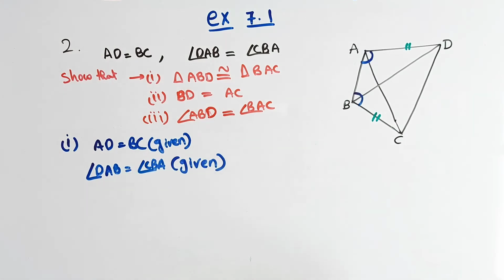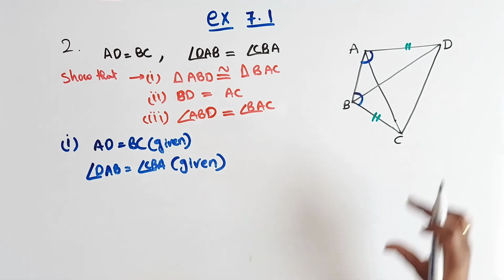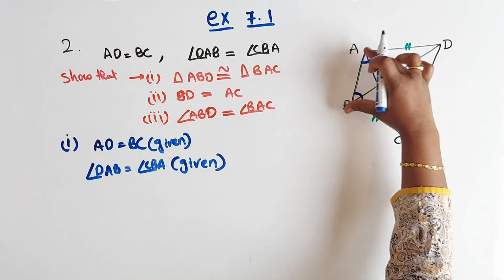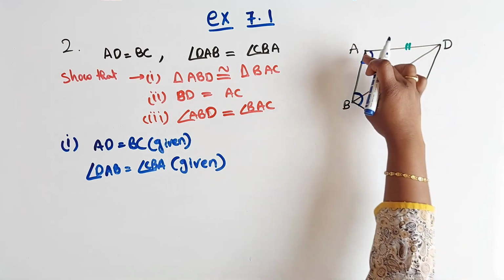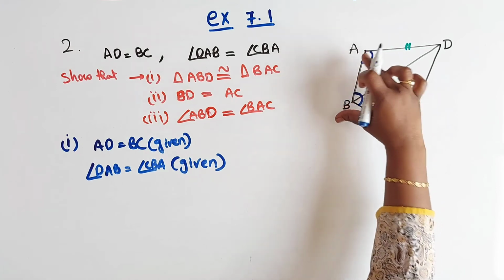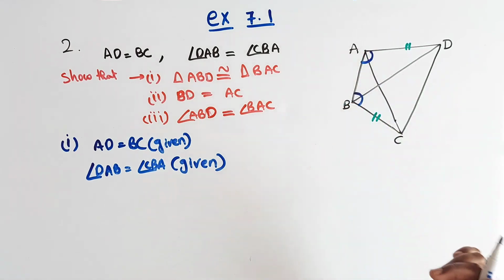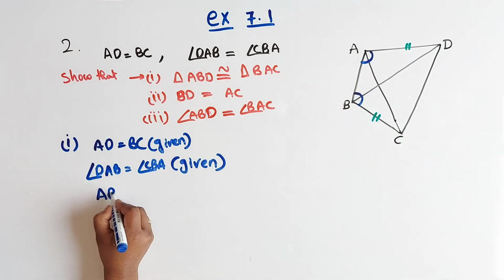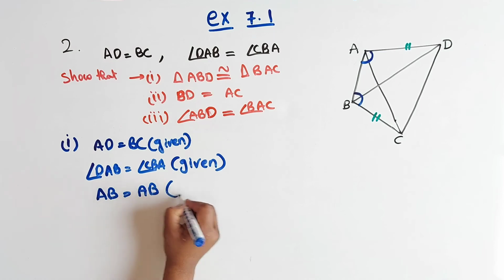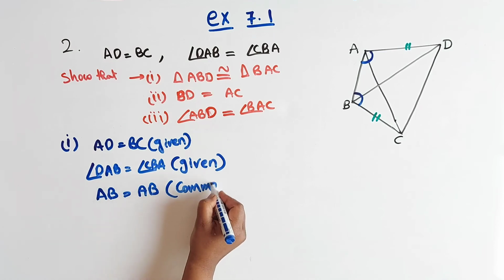Now what is the third one? We have to make it equal because we need three parts to apply the congruent rule, right? So see here, AB side here, and in triangle ABC also AB side is there. So AB is equal to AB, common side. Correct, children?